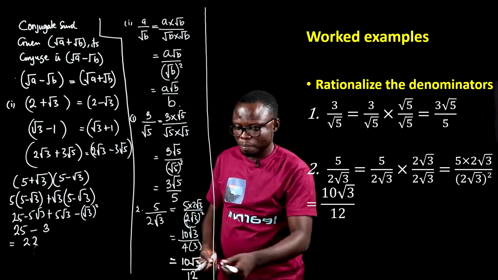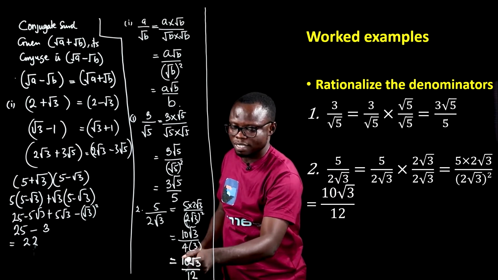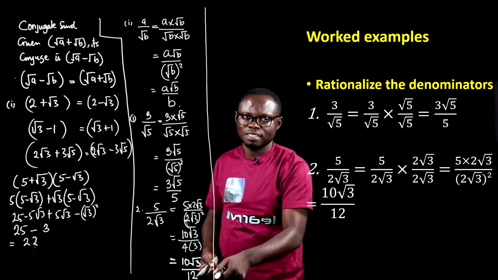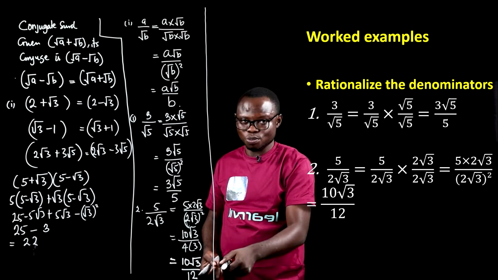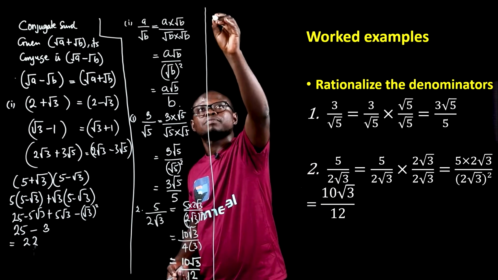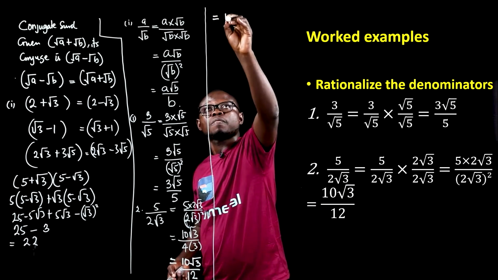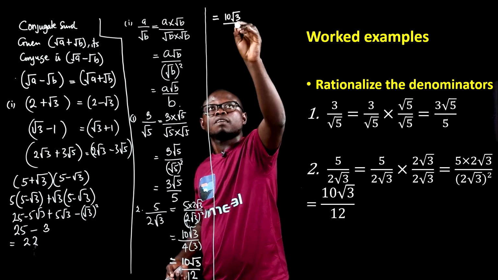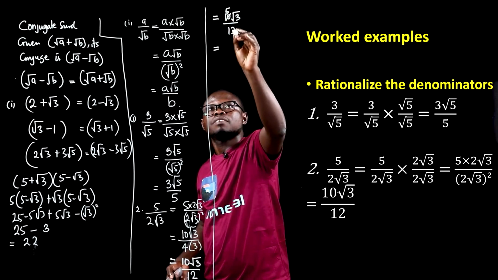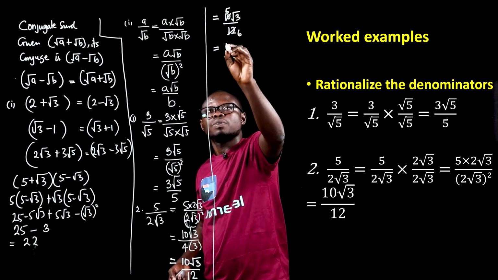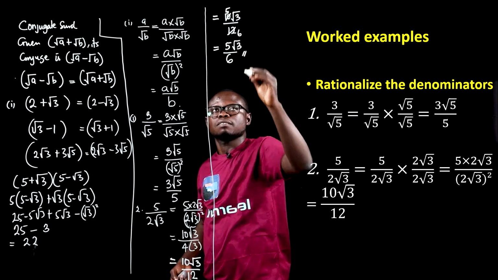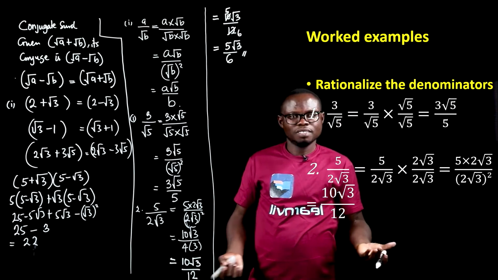But you see, this part of the surd is rational. This is also rational. And they have a common factor, and that is 2. So we can reduce that. 2 divides this one, 5. Divides this one, 6. We have 5 root 3 over 6. That was quite easy.